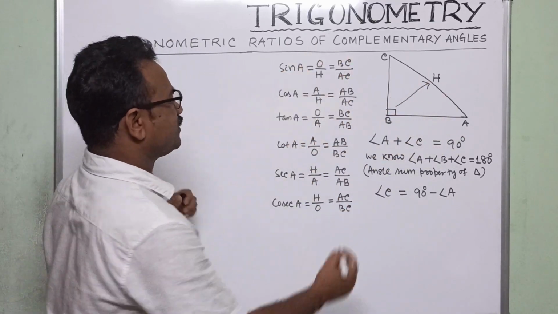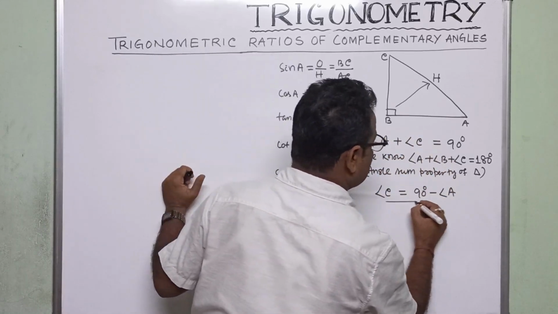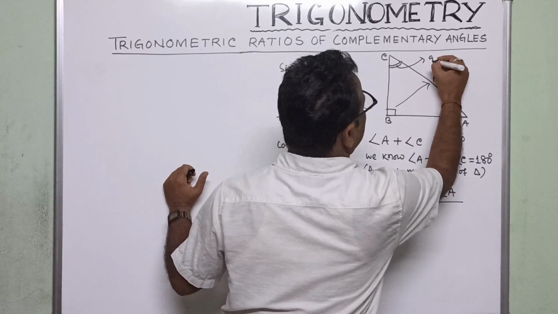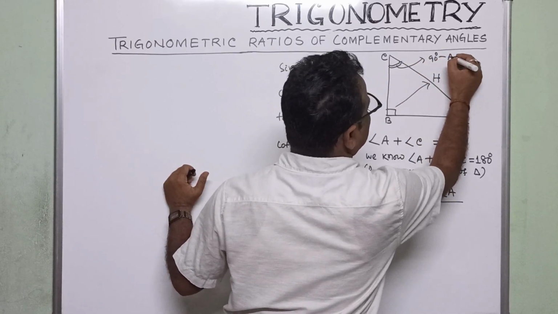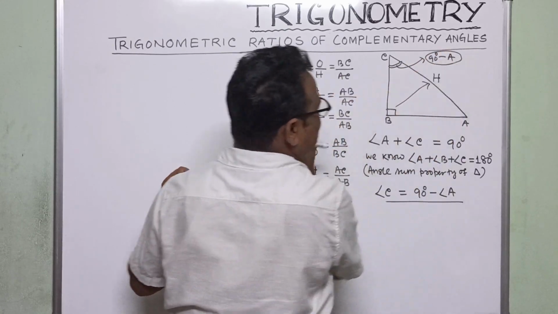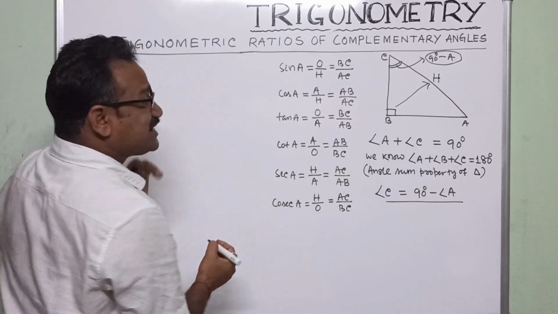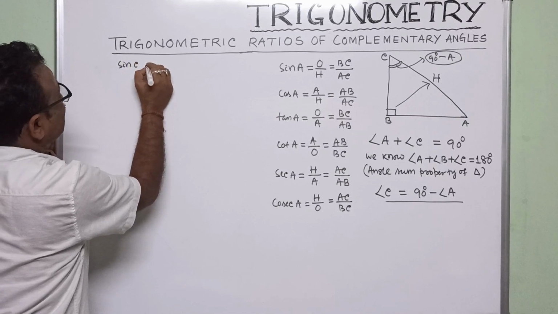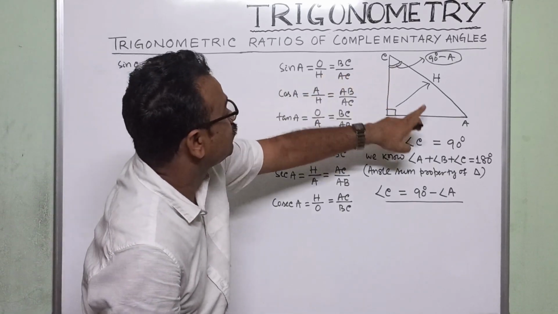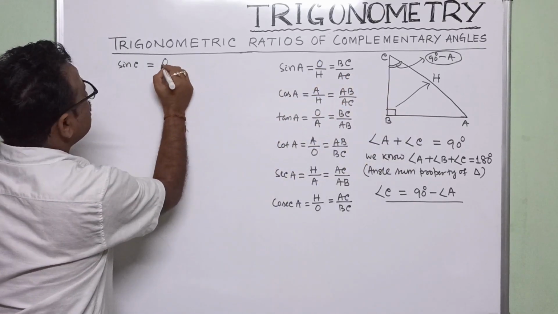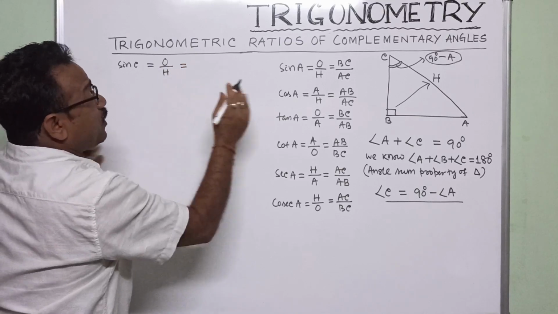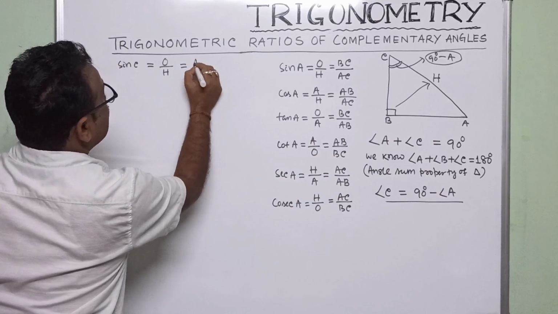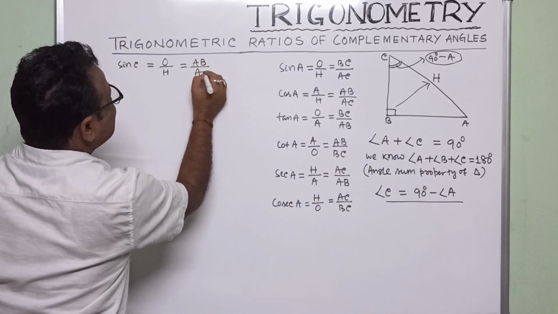Now come to angle C. Angle C is equal to 90 minus A, so this angle is 90 minus A. So in place of angle C, we write sin C. What is sin? Opposite by hypotenuse. Hypotenuse is AC, and the opposite side is AB. So sin C is AB by AC.